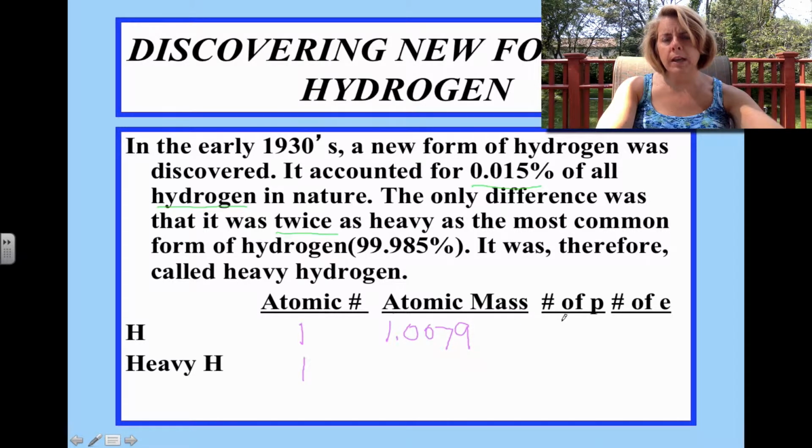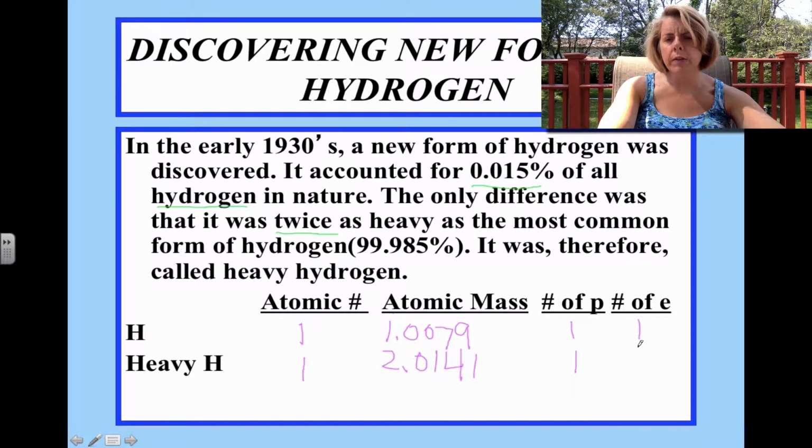And if you had to guess, how many protons would there be for regular hydrogen? Hopefully you said 1, and we're assuming a neutral atom, so we're going to say 1 electron. Well, this heavy hydrogen, they found it to be 2.0141. And if you had to say the number of protons, what would you say?